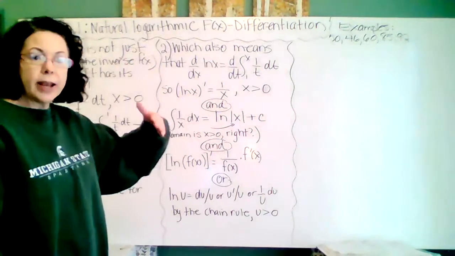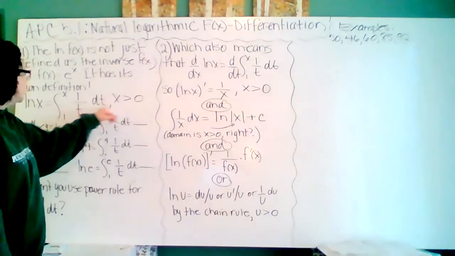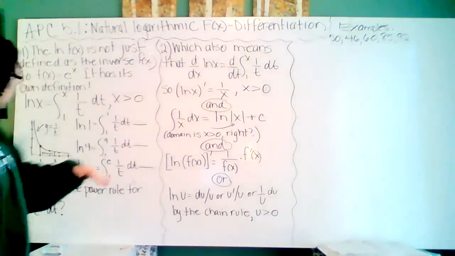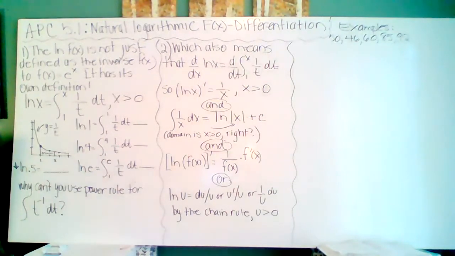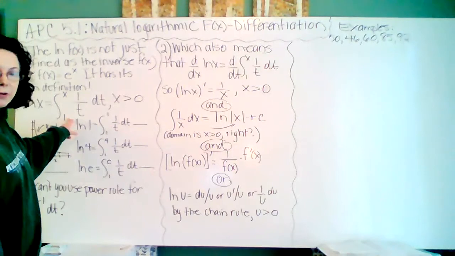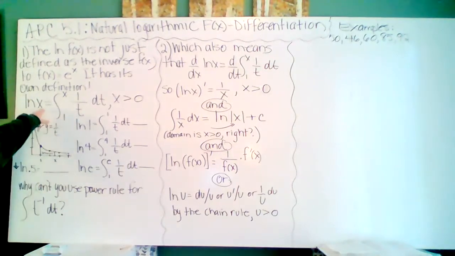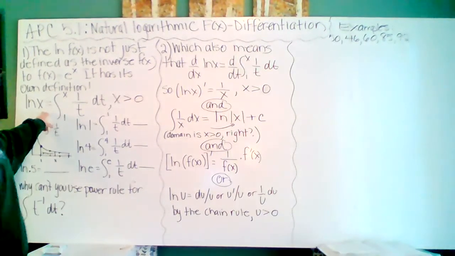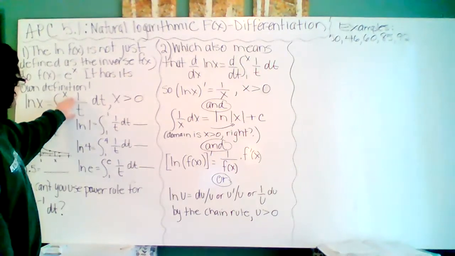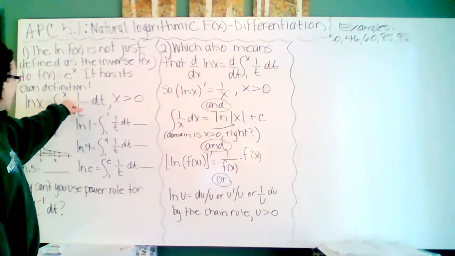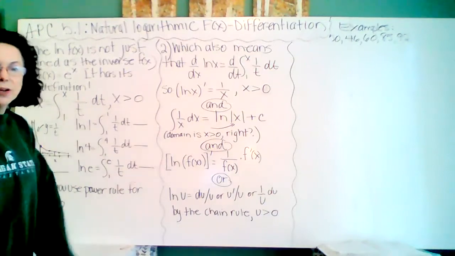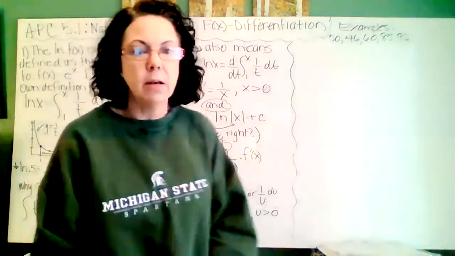You could graph the branch for where t or x is greater than 0. Here it is. And it is the area from 1, not from 0, because notice the natural log of 0 is undefined. It is the area between the function 1 over t from 1 to some x, where x is greater than 0.